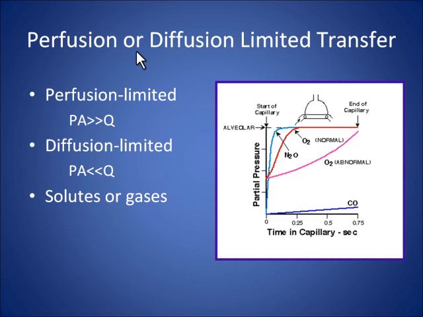The distribution of a xenobiotic from the circulation to an organ can be described as being either perfusion limited or diffusion limited. Perfusion limited, also called flow limited, means that the movement across the cell membrane, which is governed by the permeability area coefficient, is much greater than the blood flow rate. Flow is represented here by the letter Q, which is how physiologists typically express this parameter.